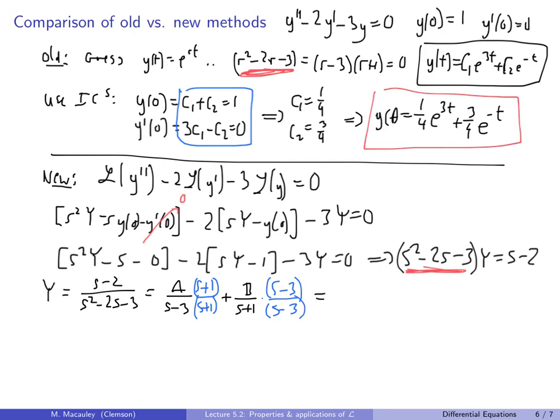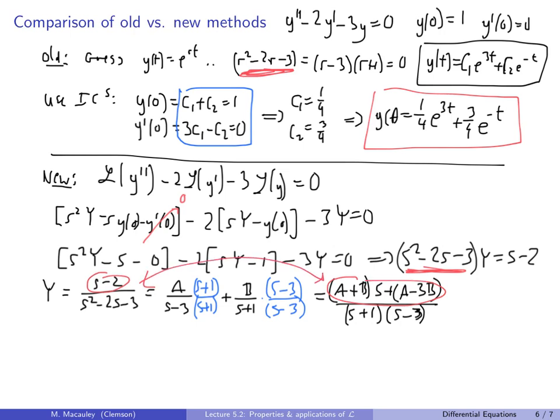And if we do that, then we get A plus B times s plus A minus 3B over the denominator, which is s plus 1 times s minus 3, which again, the denominator is the same thing as the characteristic equation up here. So we need these two things to be equal.